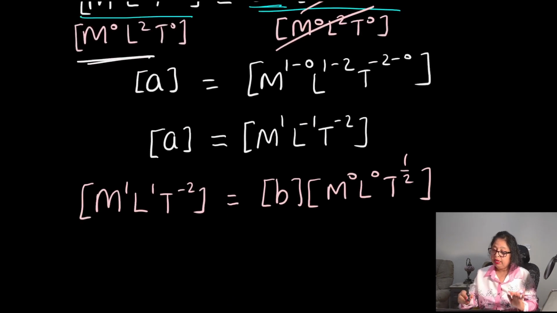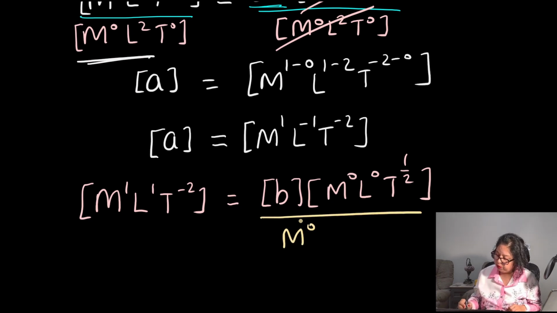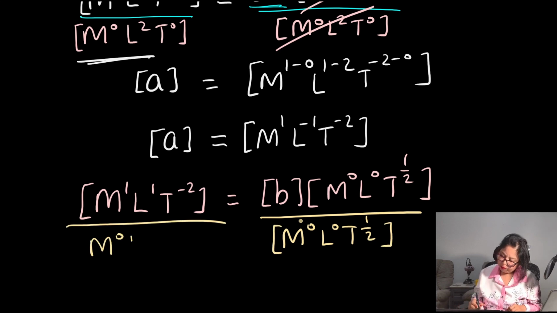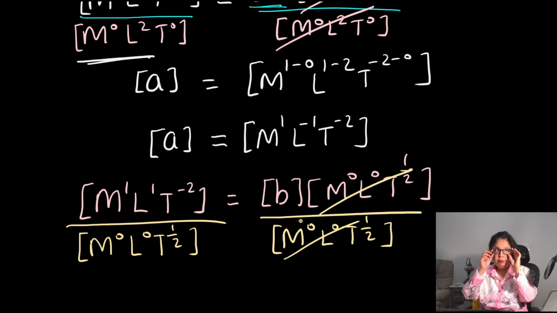So once again, we need to isolate B. So divide both sides by whatever is multiplying B. On the right-hand side, the dimensional formula M0 L0 T half cancels out. Let's go ahead and swap left-hand side and right-hand side.